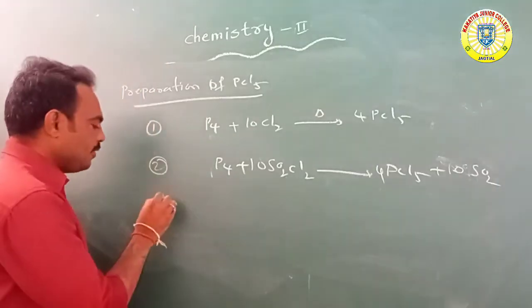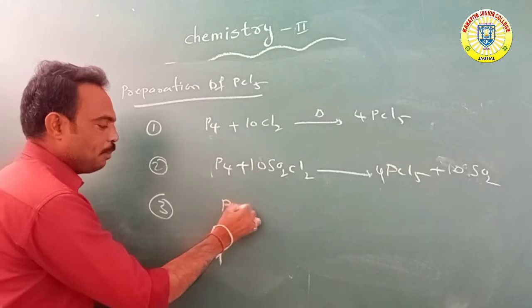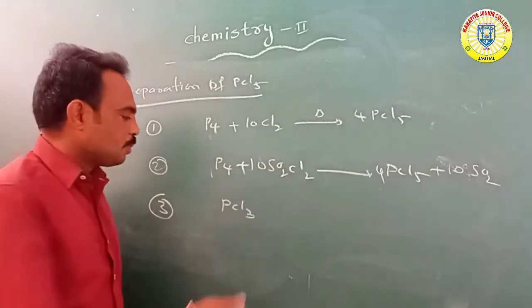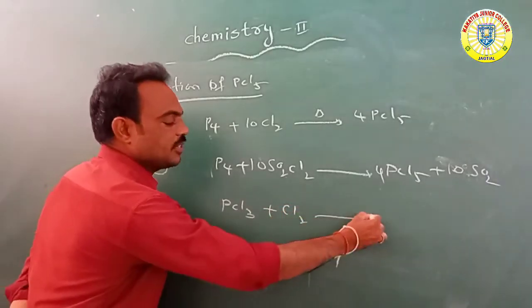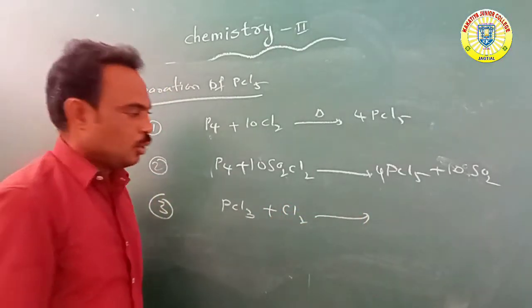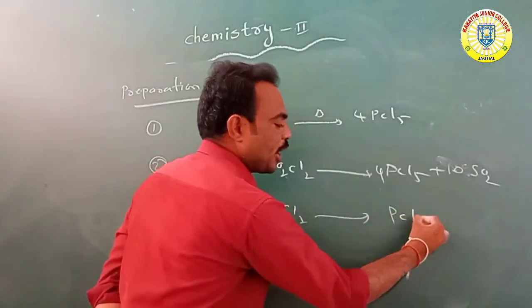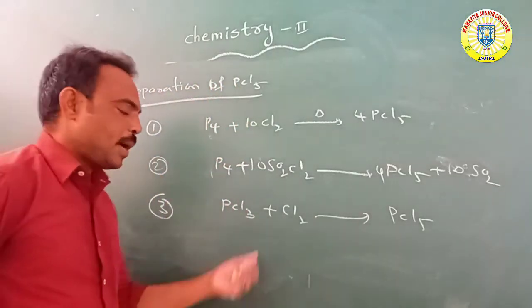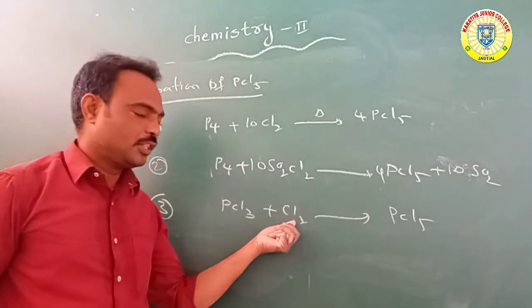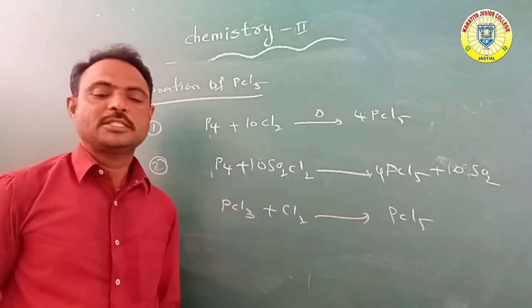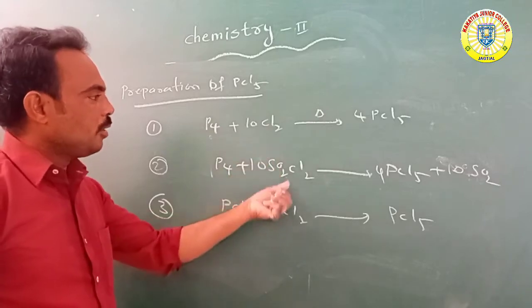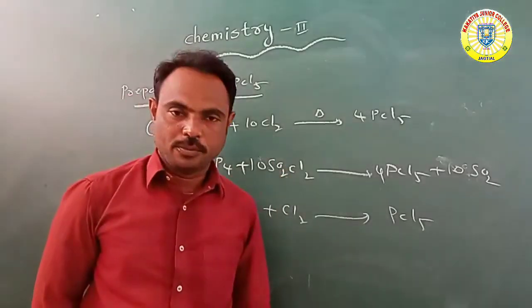Next, the third one: when we take PCl3, phosphorus trichloride, this phosphorus trichloride reacts with chlorine to form PCl5, phosphorus pentachloride. So these are all the preparations of PCl5.